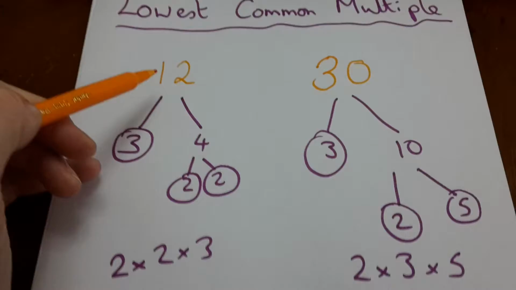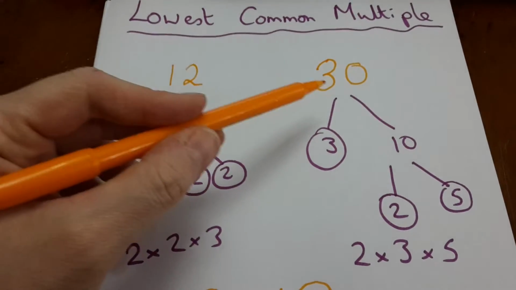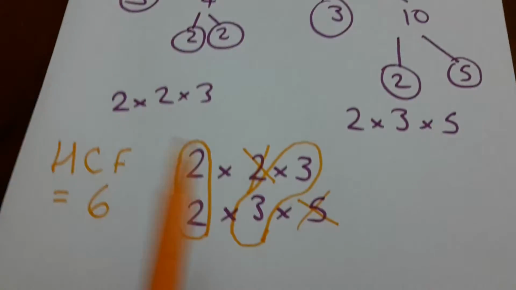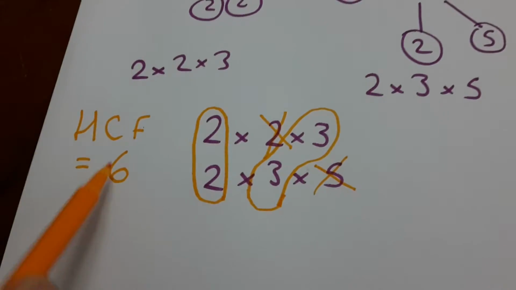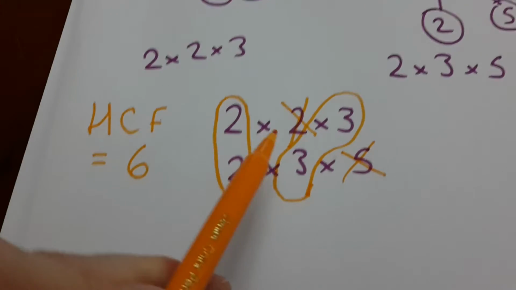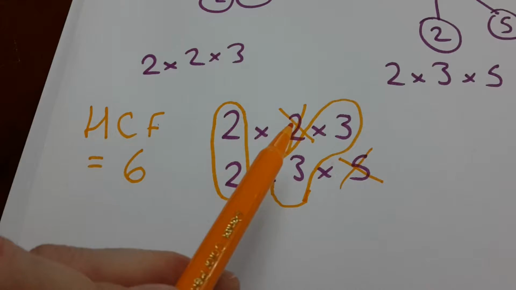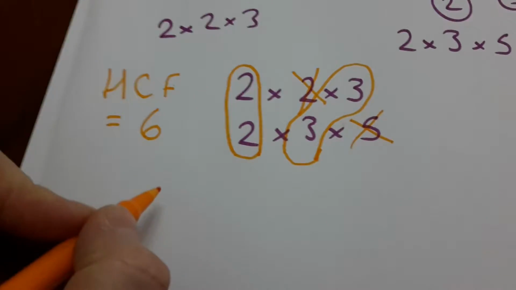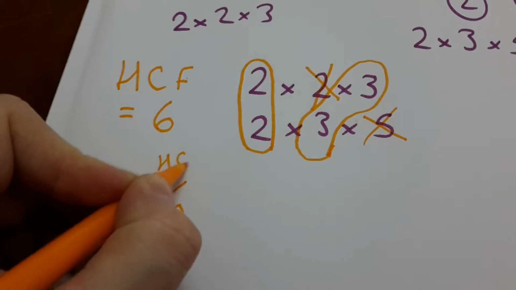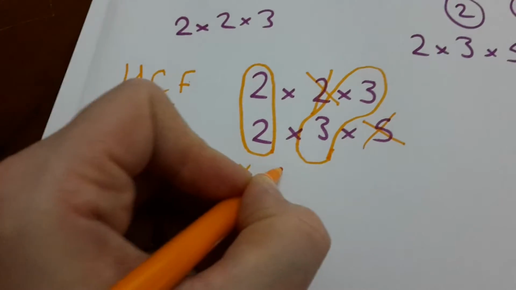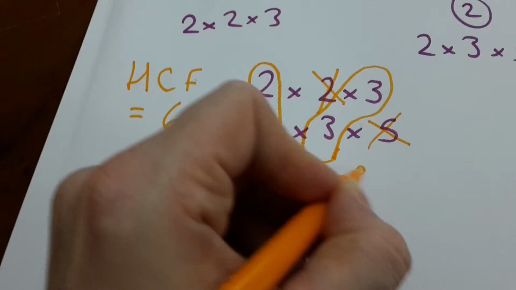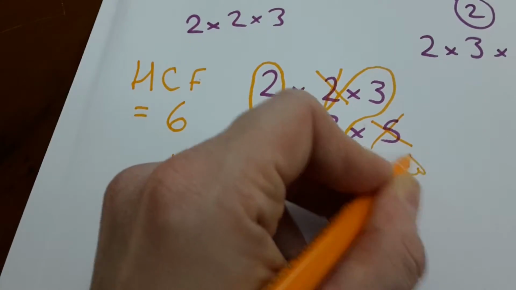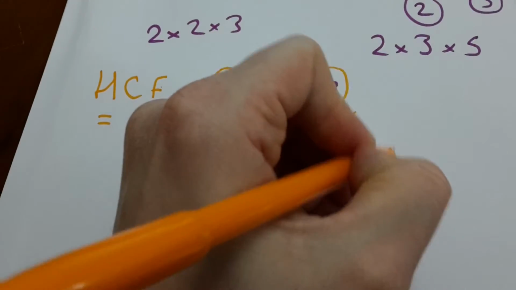So that tells me that 6 will go into both 12 and 30. Now I'm going to take my highest common factor and multiply it by the numbers that are crossed through, so the numbers that don't have a pair, or my non-paired primes technically.